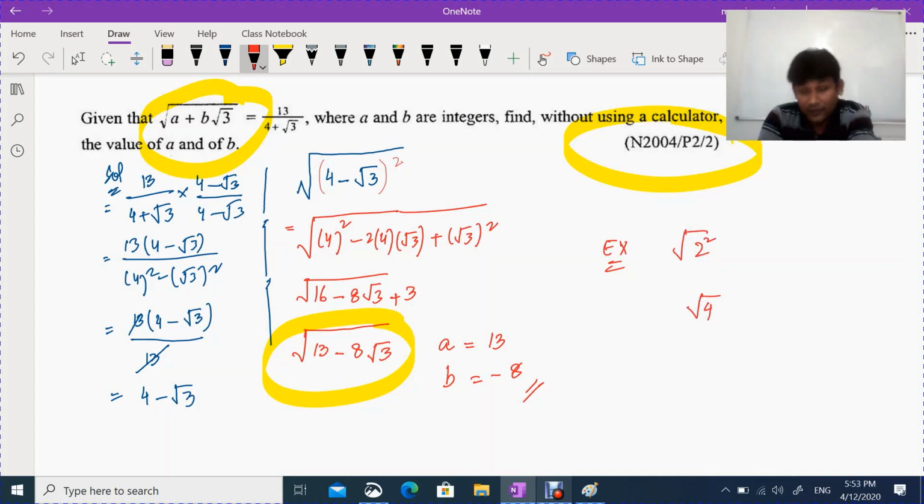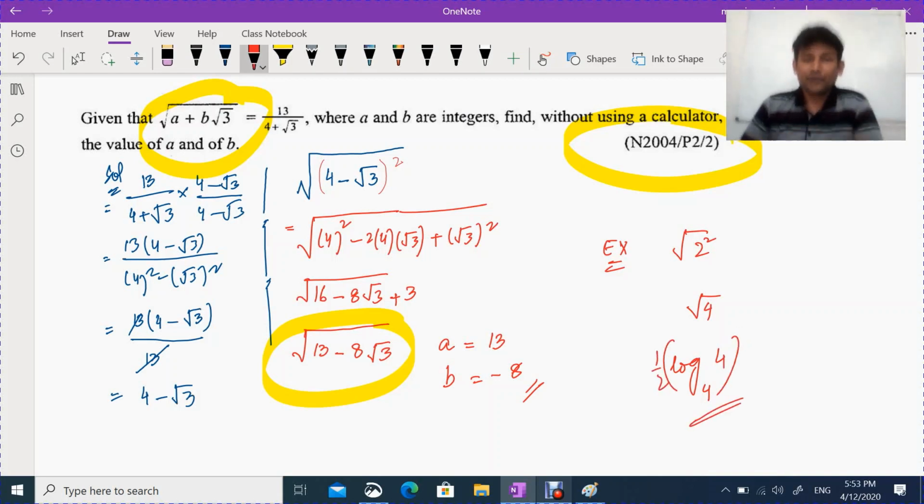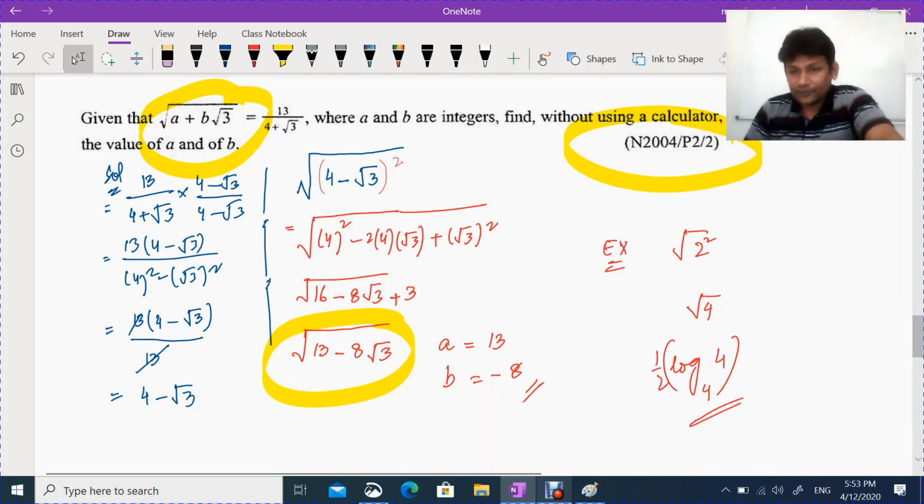And there was a question like this, 4 and 2. How can you make it 4? Because the same base, like this 4 and 4 same, the answer will be 1. So for this purpose I have to write under root and 4, and this under root means 1 upon 2, and this 1 upon 2 is the coefficient, and this answer is coming 1 upon 2. Okay, moving to next question.